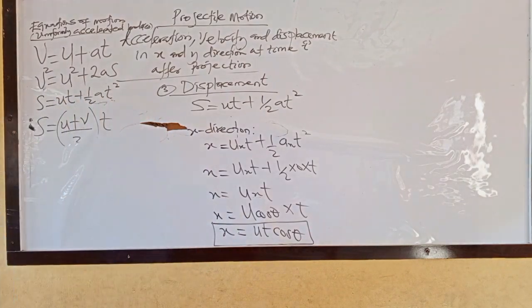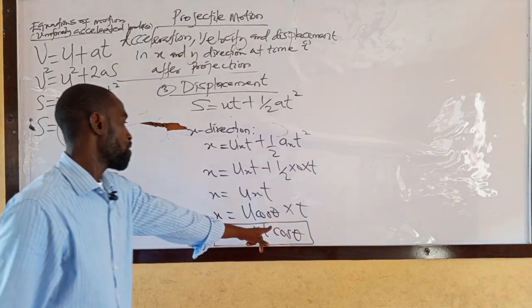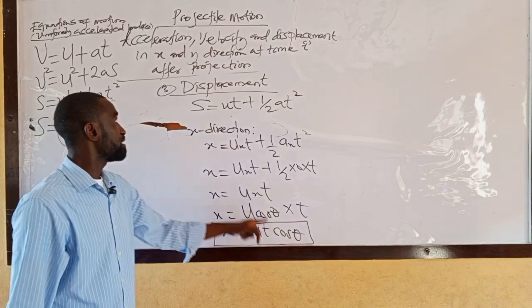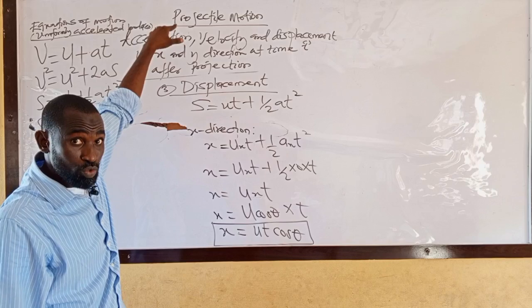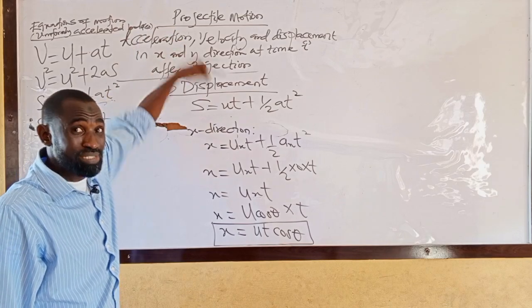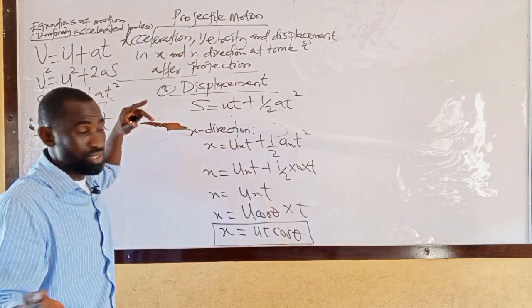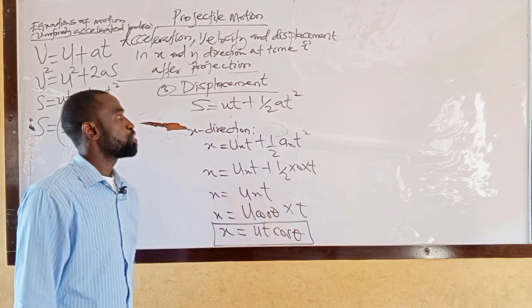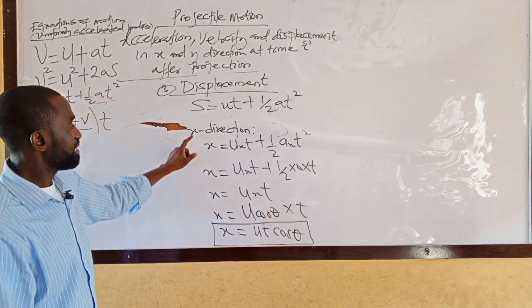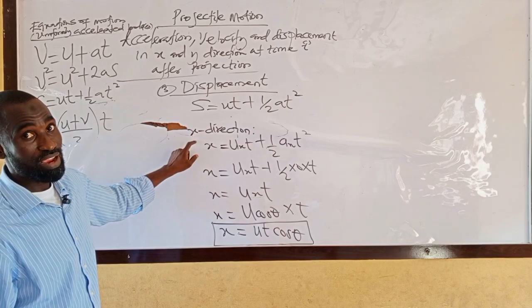So you can also find the displacement after time t of projection, maybe 1 second, 2 seconds, 3 seconds, using ut cos theta in the x dimension.